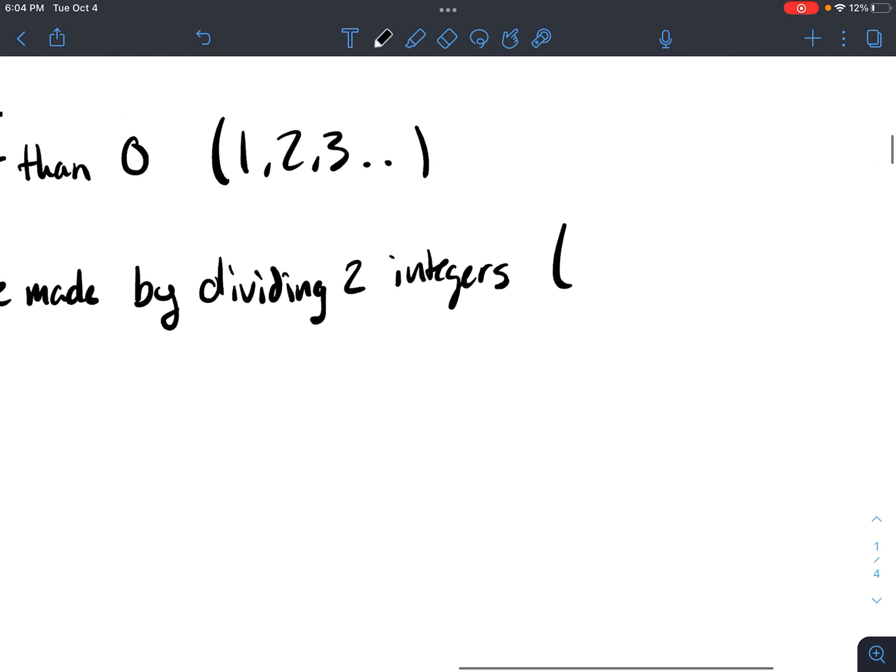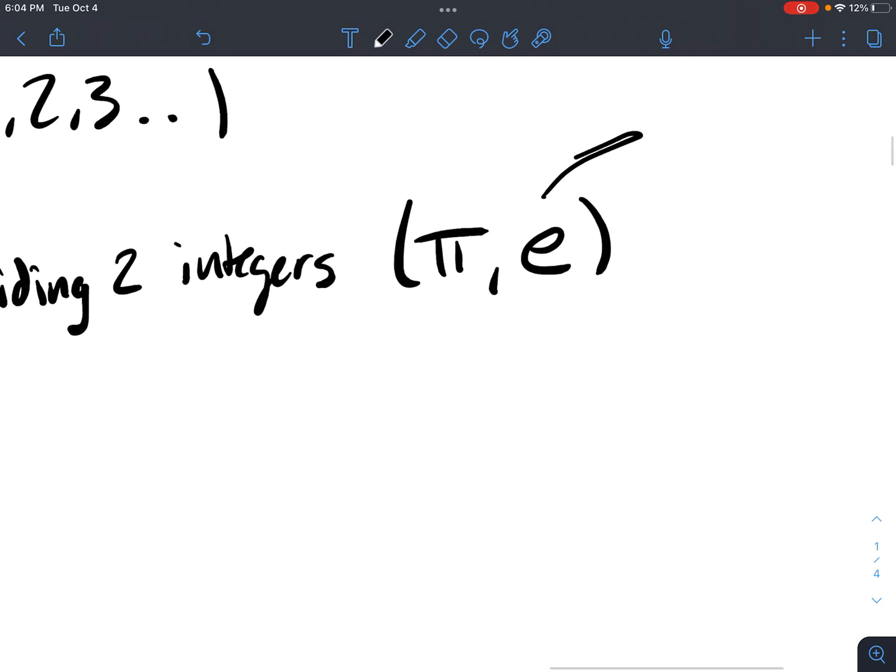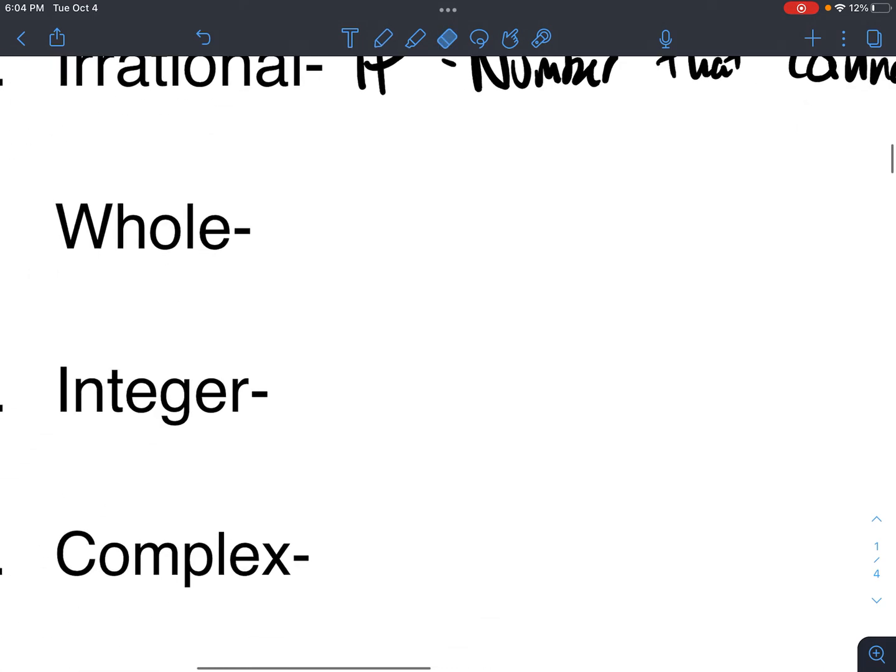So this is an example of irrational numbers. Pi. E is another one. This is called Euler's number, or Euler's. I can't actually remember how to say it. It's like 2.7 something along those lines. This has stuff to do with like logarithms and all sorts of fun things. So those are two examples of that.